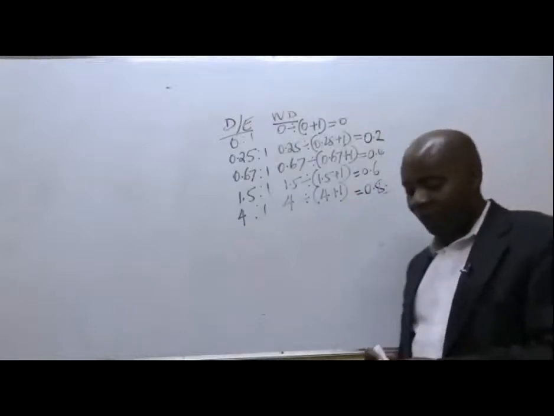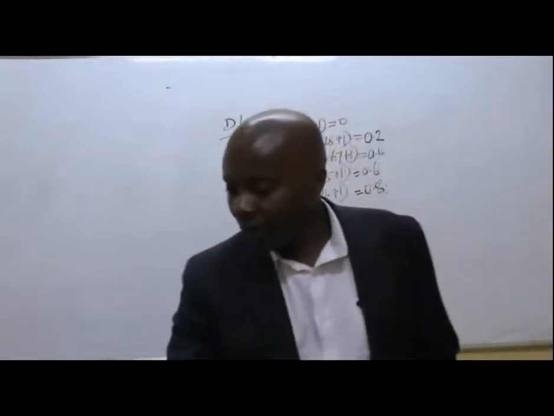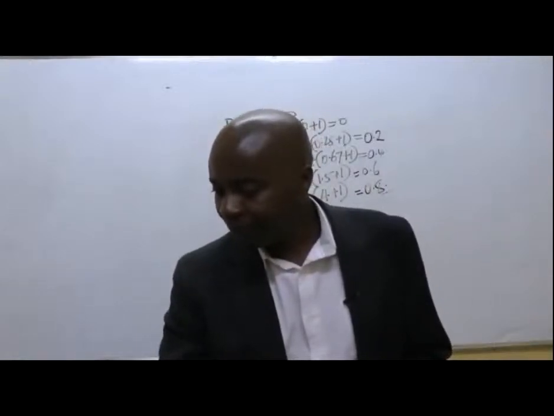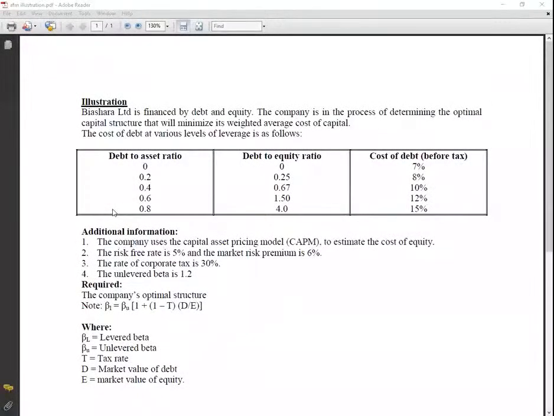So if I organize my figures very well, what we have, ladies and gentlemen, is an easy thing. We have here 0, 0.2, 0.4, 0.6, and 0.8.